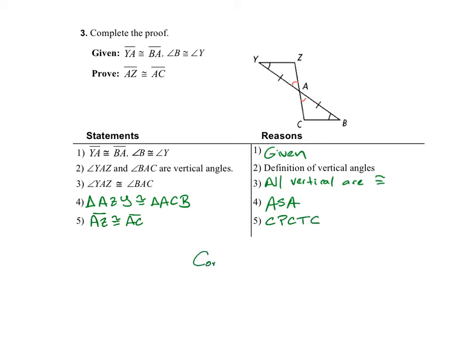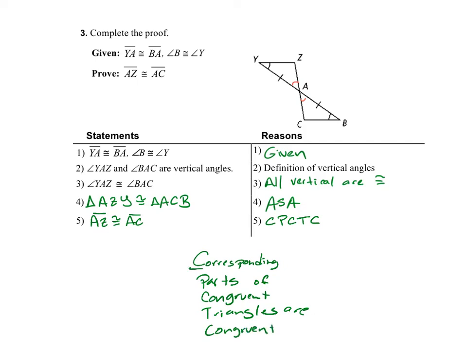Corresponding parts of congruent triangles are congruent. There you have the CPCTC.